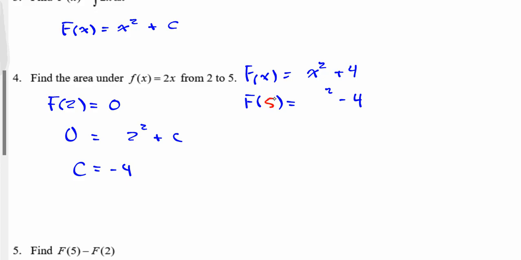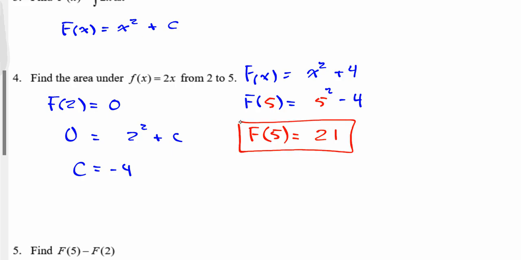F of 5. There we go. That's better. 5 squared, 25, minus 4, 21. So there we go. The area under our curve from 2 to 5 is 21.